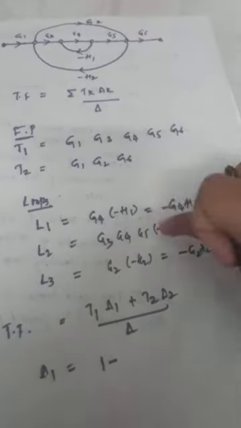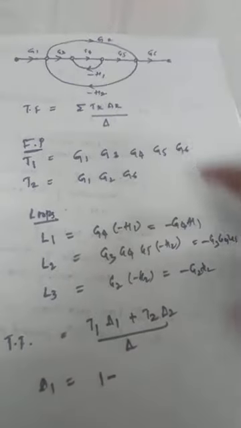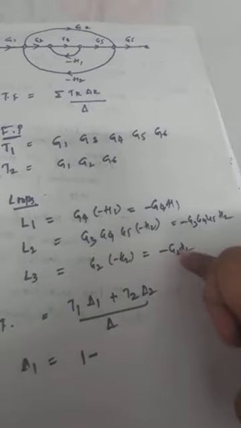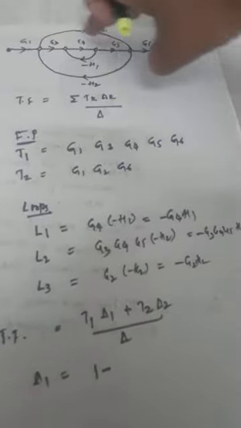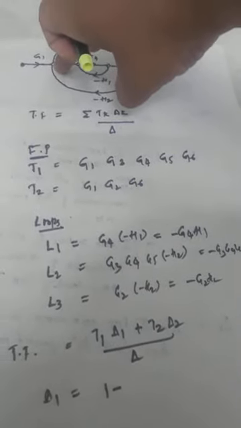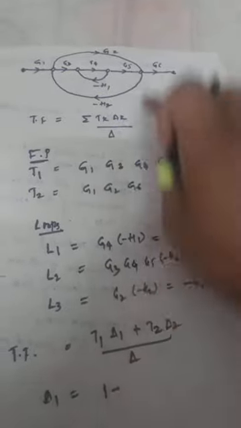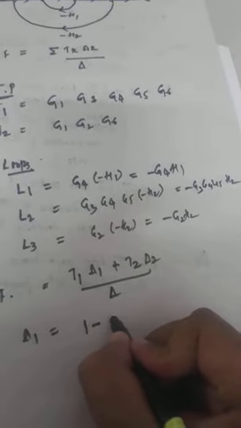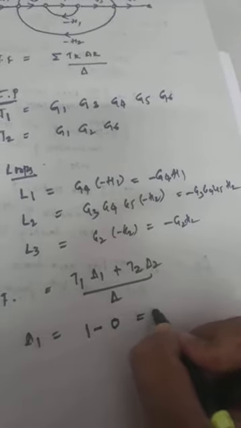That means the second loop is also touching the first forward path. Then check the third loop. The third loop is G2, S2, and this node is common with the first forward path. That means all these three loops are touching the first forward path. That's why I'll write delta 1 is equal to 1 minus 0. So delta 1 is equal to how much?